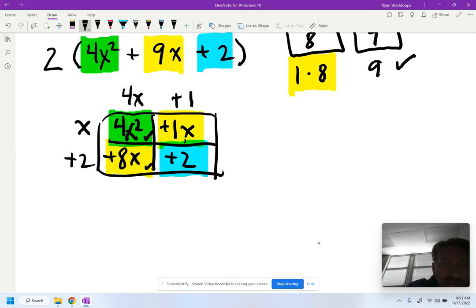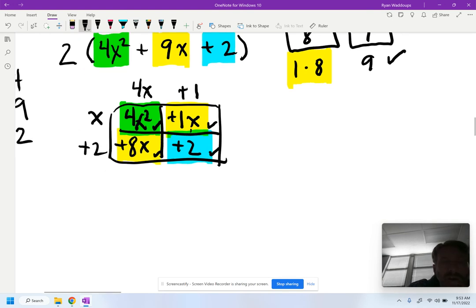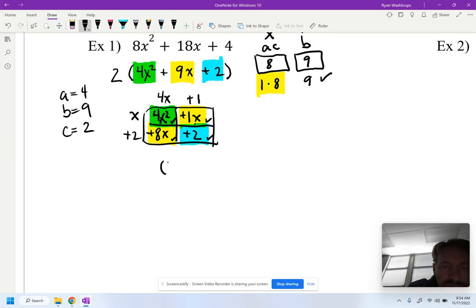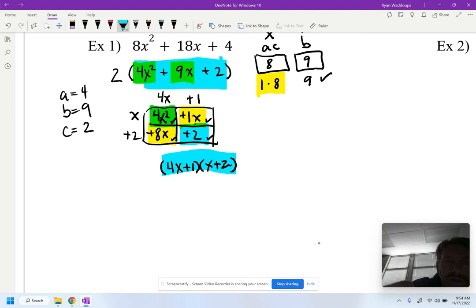And x times 1 is 1x. And 1 times 2 is 2. And so then I can say that the factors 4x plus 1 times x plus 2 multiply to give me the polynomial right here. But I need to remember I had factored out a 2.